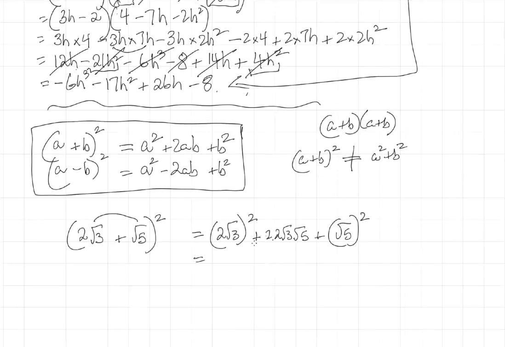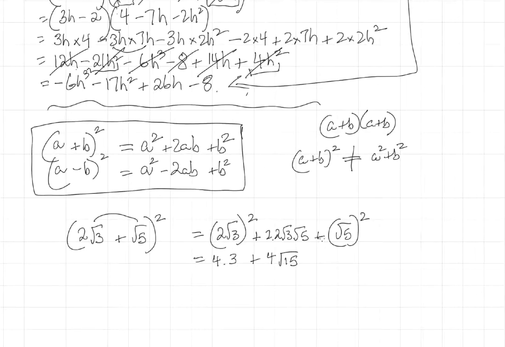All right, when we expand that, we've got 2 times root 3 times 2 times root 3. So that's 2 times 2 is 4, and root 3 times root 3 is equal to 3. So that's 4 times 3 plus 2 times 2 is 4. Root 3 times root 5 is root 15.